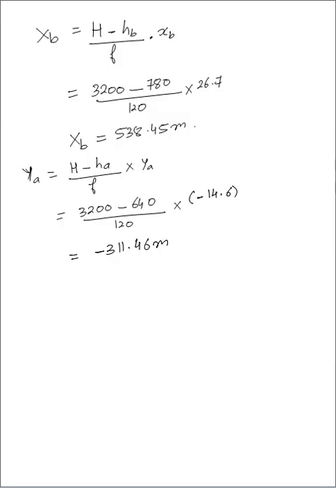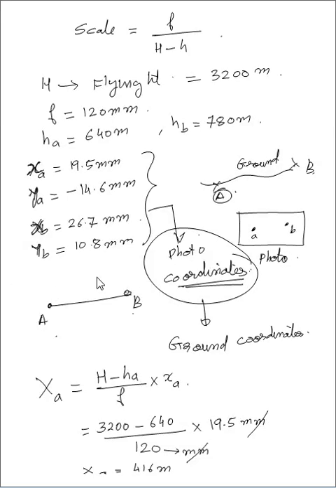In the same way for YB, the formula will be H minus HB divided by F into small yb. So capital H is 3200 minus HB is 780, upon 120 into small yb, which we know is 10.8.